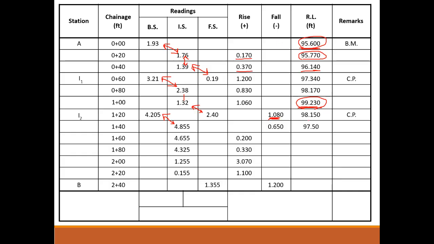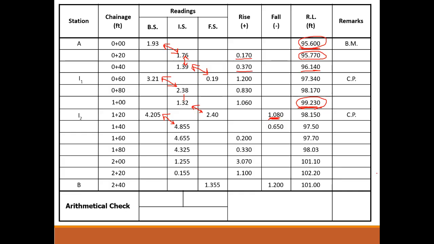So we will get the value of 98.150, and similarly 97.5. Again, rise values should be added to the previous reduced levels, and in this manner we just calculated all the reduced levels for all the chainage points at which the leveling staff was placed.